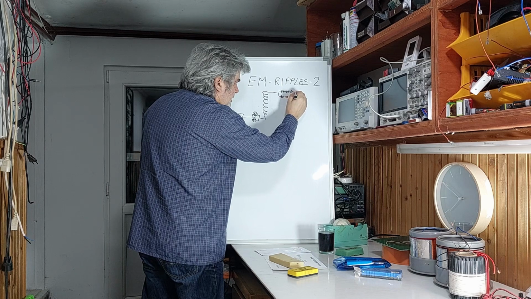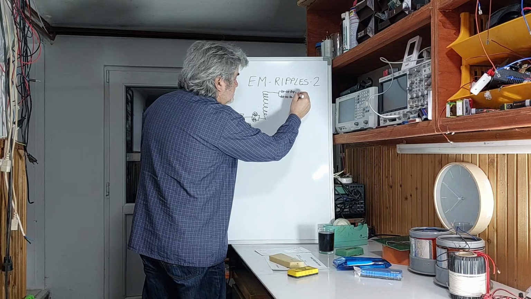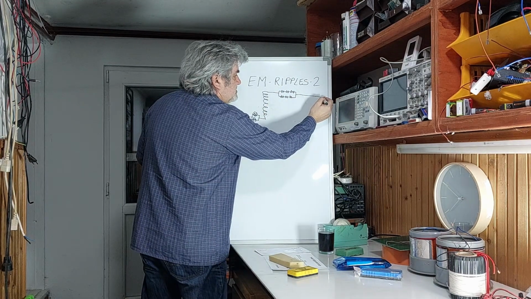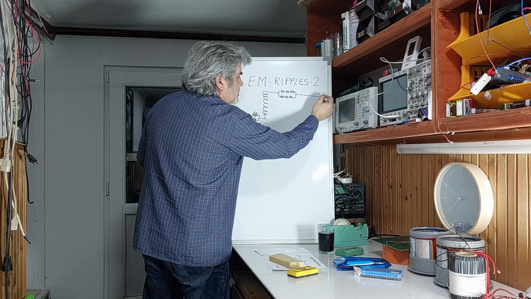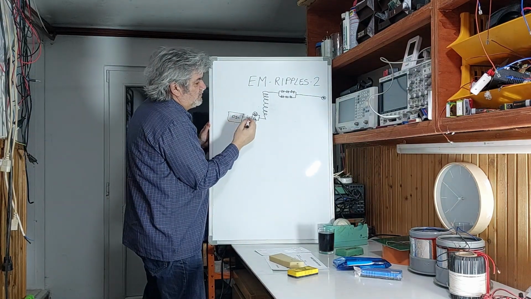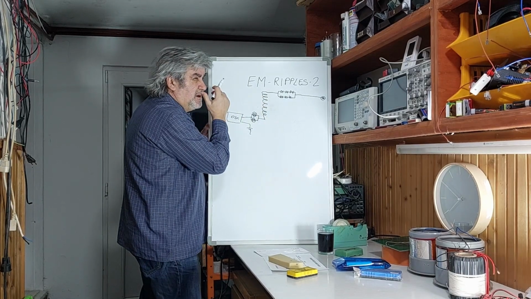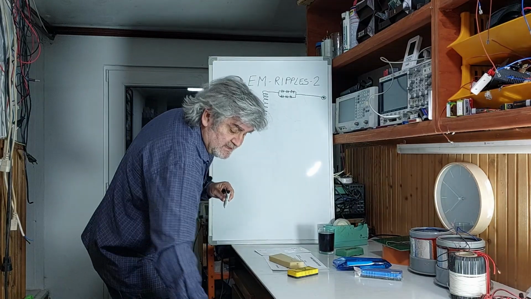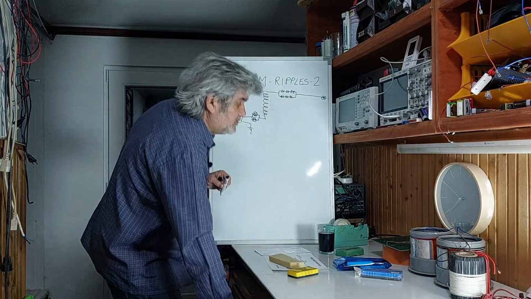Why? If it is 10 volts, this one is grounded, and this one could be just a piece of wire or some massive body or anything. So if it is 10 volts, over here it could be about 500 volts if you tune the coil like this.